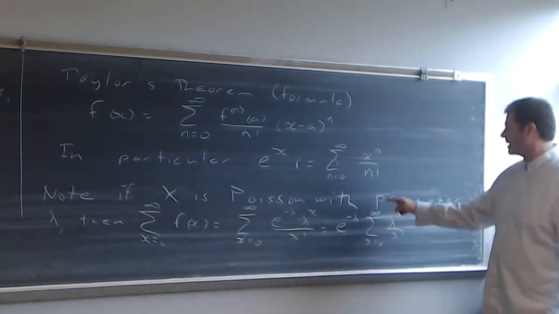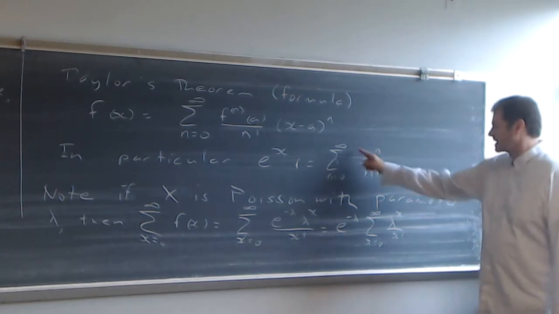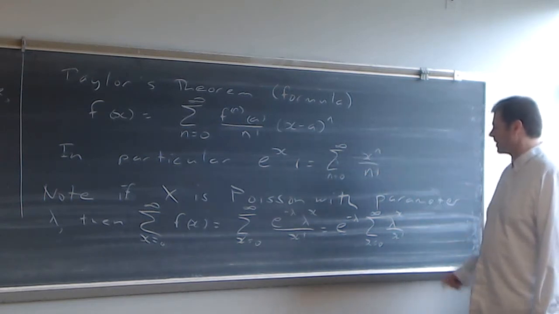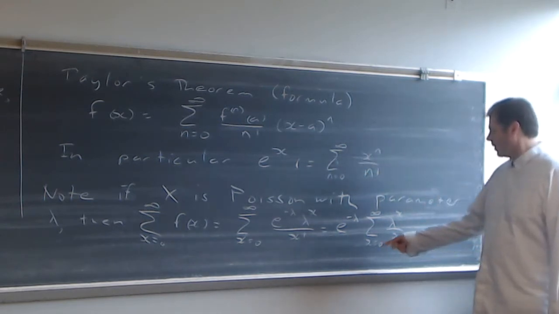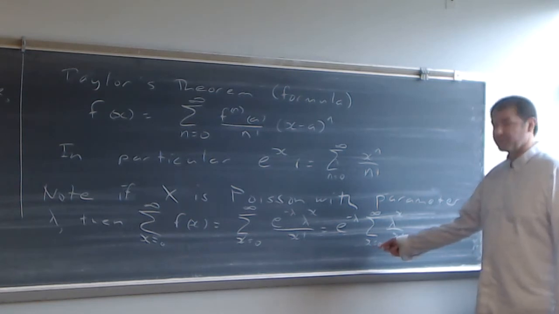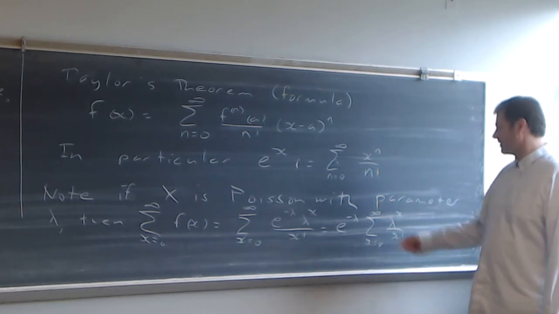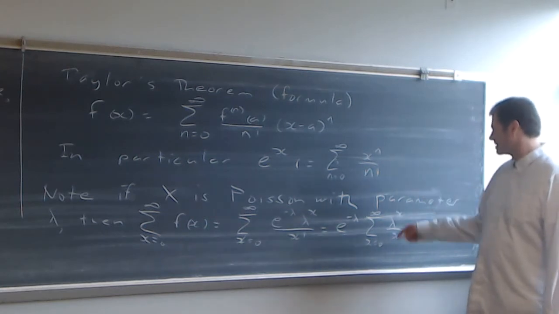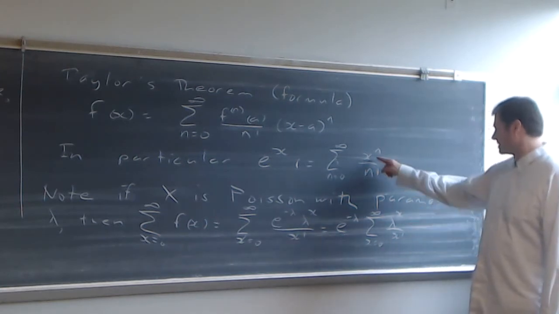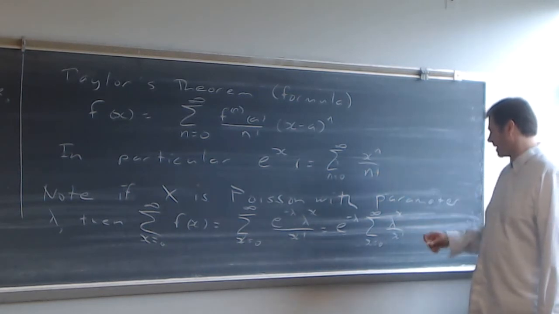And if we look at this part right here, it matches identically the sum that's right above, where the only difference in terms of representation is that here we had the index being n, but here we have the index being x, but they're identical. And the role of the x in the formula is being played by lambda.